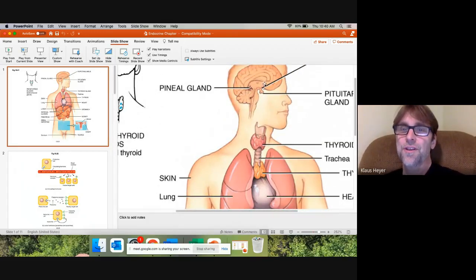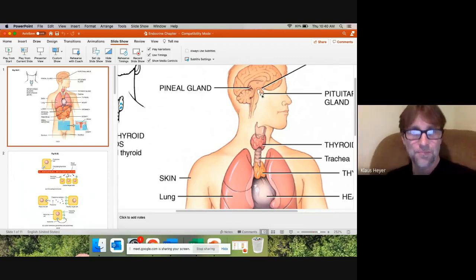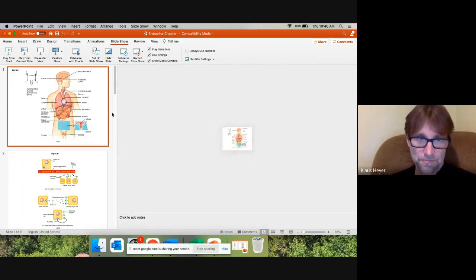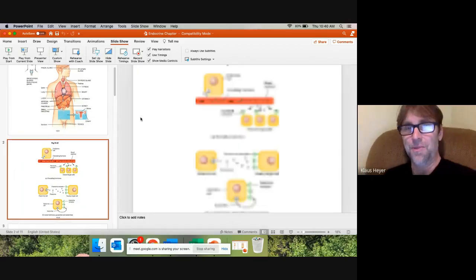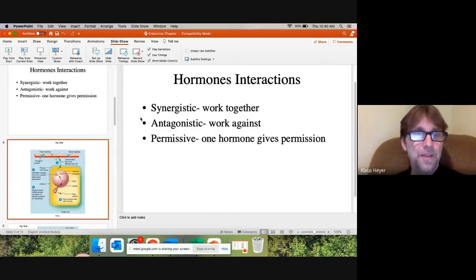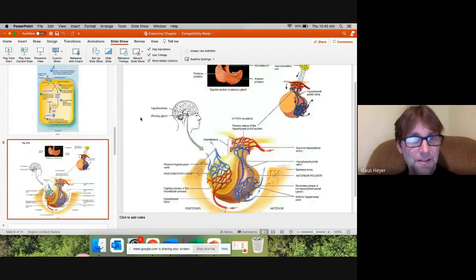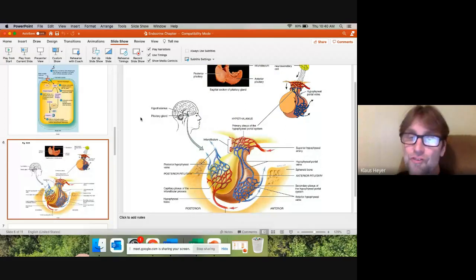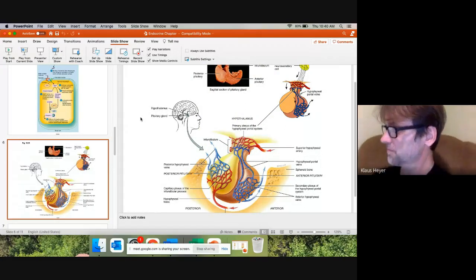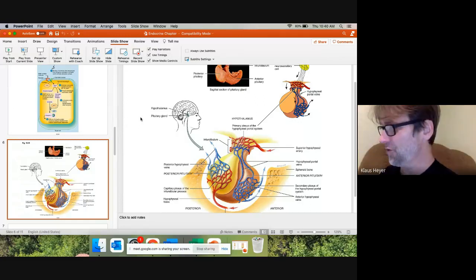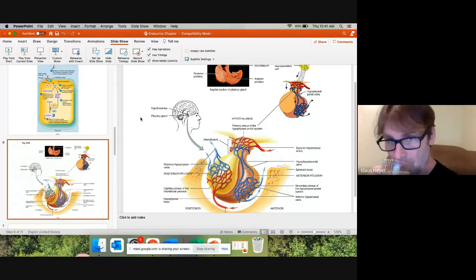The pituitary gland is here where this thing's pointing. That's the hypothalamus, and the pituitary is right underneath it. So the pituitary gland has 2 lobes, 2 parts to it. There's an anterior lobe and a posterior lobe.